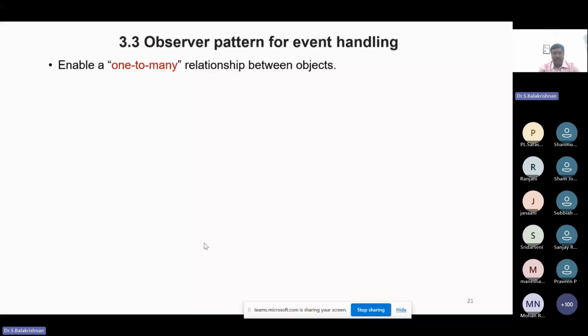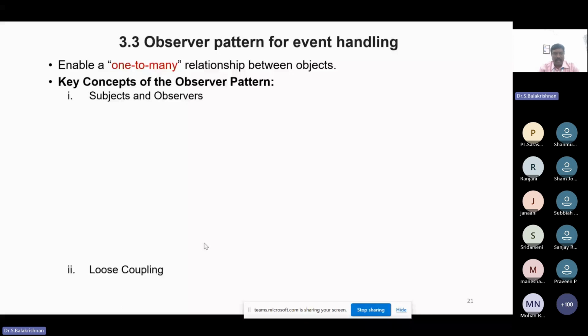The key concepts of the observer pattern are the subject and the observer. The subject is an object whose state changes trigger notifications, and the observer, which may also be called a subscriber, is the object that we wish to notify of the changes in the subject.